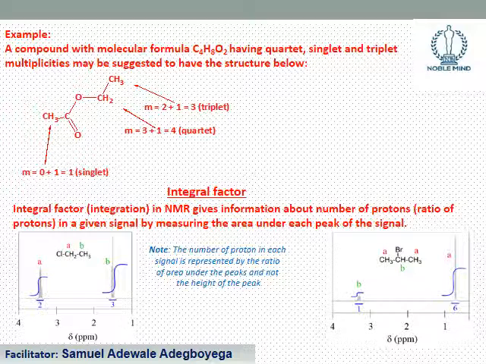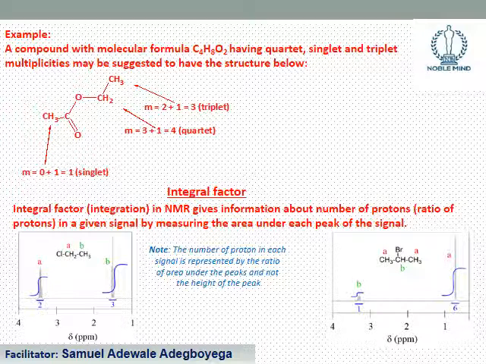Okay, let's move to what we call the integral factor, or what some materials call integration. In NMR, integration gives us information about the number of protons, or the ratio of protons, in a given signal, and that is done by measuring the area under each peak.